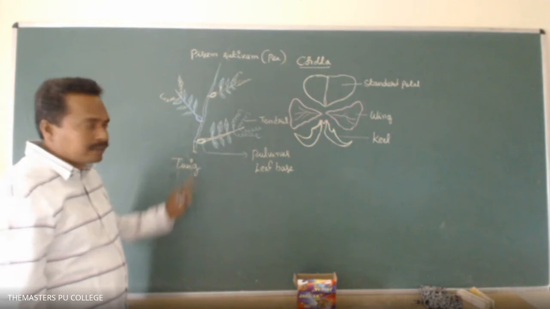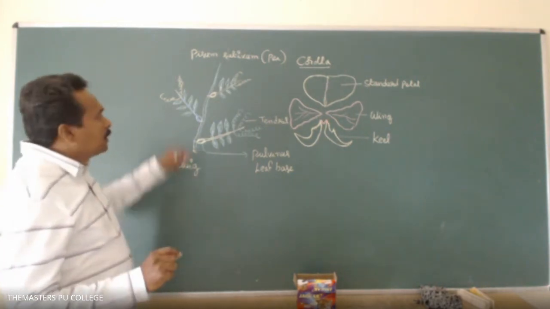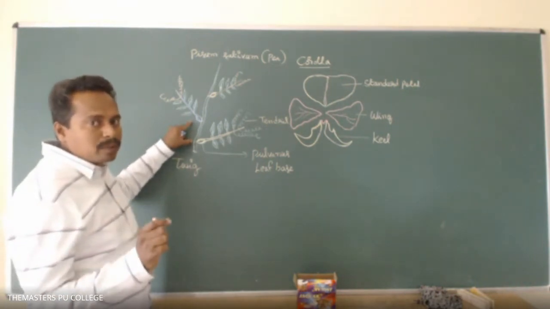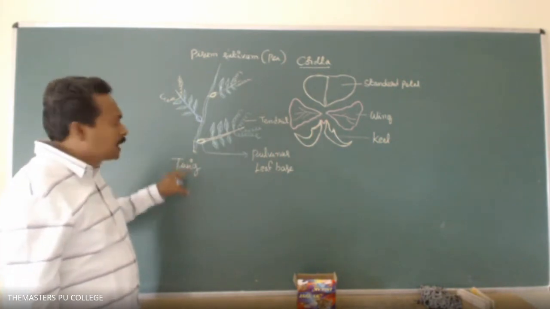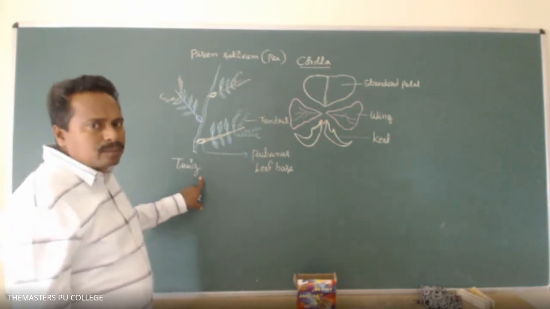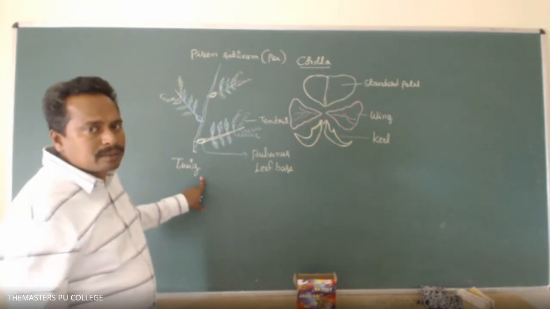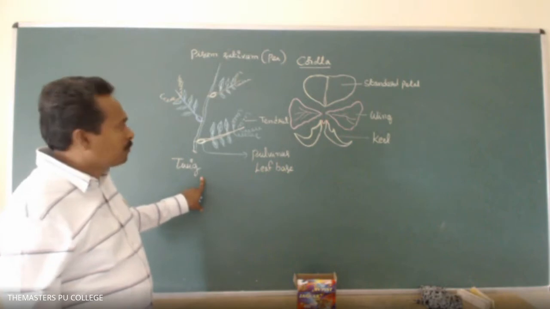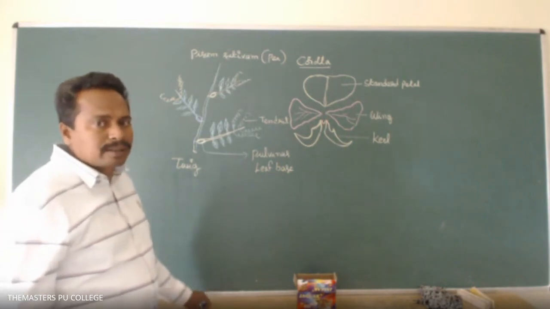It is not a complete plant, one part of the plant body consisting of a few leaves. Sir, like a branch? Yes, it's a branch also, a branch or terminal region of the stem. It's a part of the stem or branch.